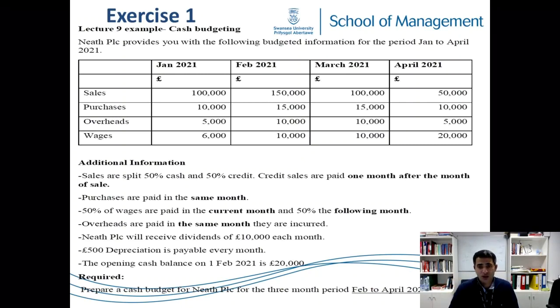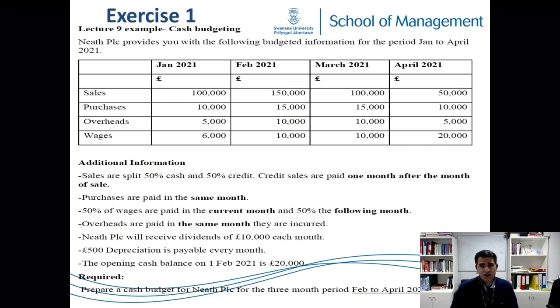What we're going to do right now is February to April. February's credit receipts would be 50% of January sales, because 50% of January sales are paid 1 month after the month of sale.